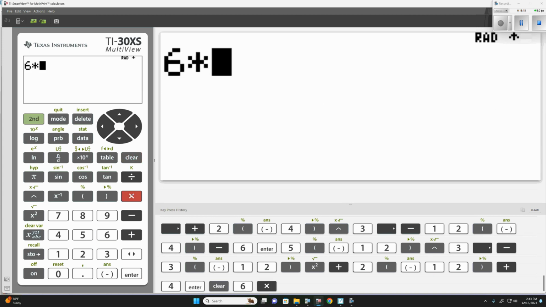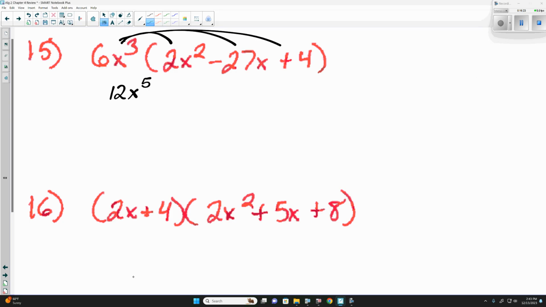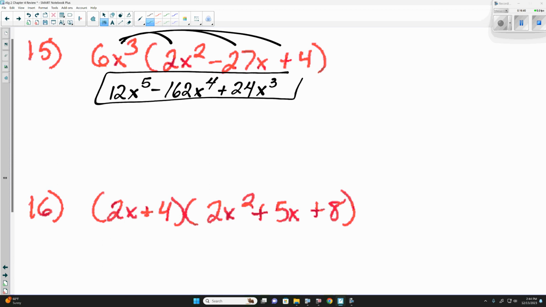We do 6 times negative 27, which is negative 162. And our x to the third times x would be x to the fourth. And lastly, 6x to the third times 4 is 24x cubed. And that's it.